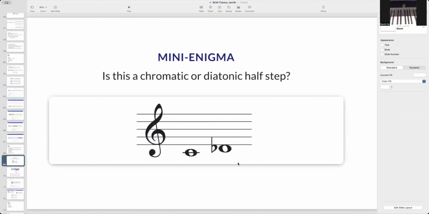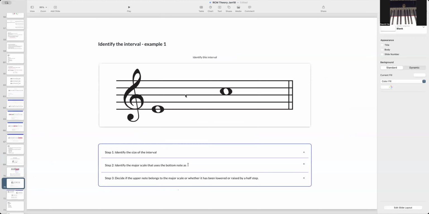So intervals. Okay, I'll just do this one. This one is E and A. The inversion of this interval is what? Middle C, right?